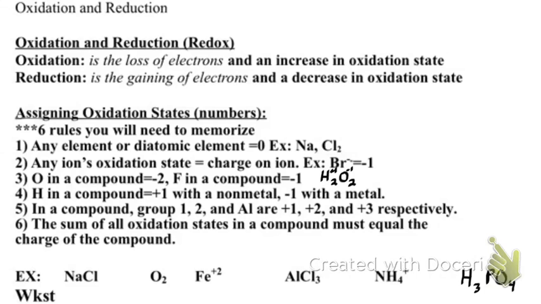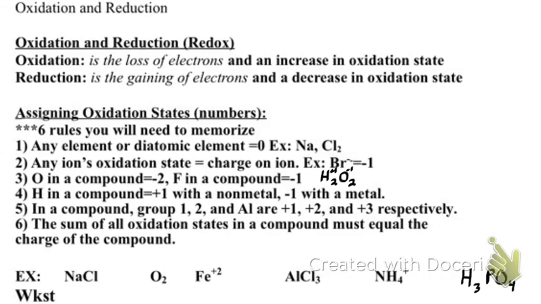So we come to our first compound, NaCl. As I look across the rules, this is not an element on its own, it's a compound. It's not an ion, oxygen isn't in this compound, and hydrogen isn't in this compound. So the next thing we have to worry about is 5. Group 1 metals we come to.